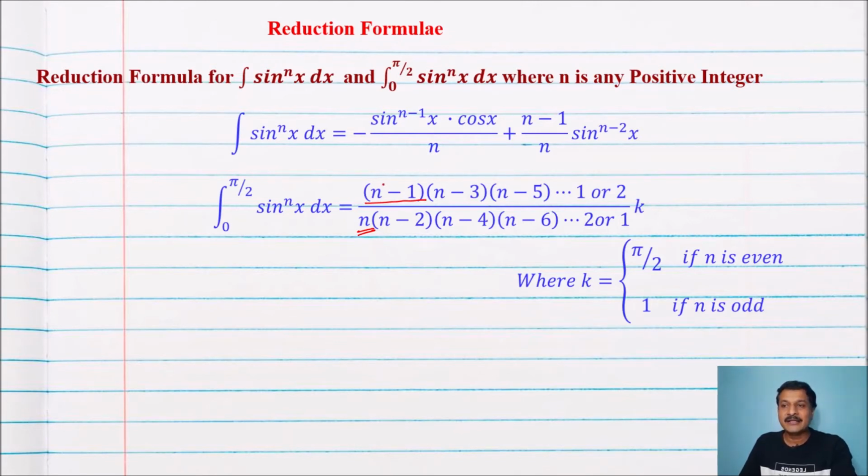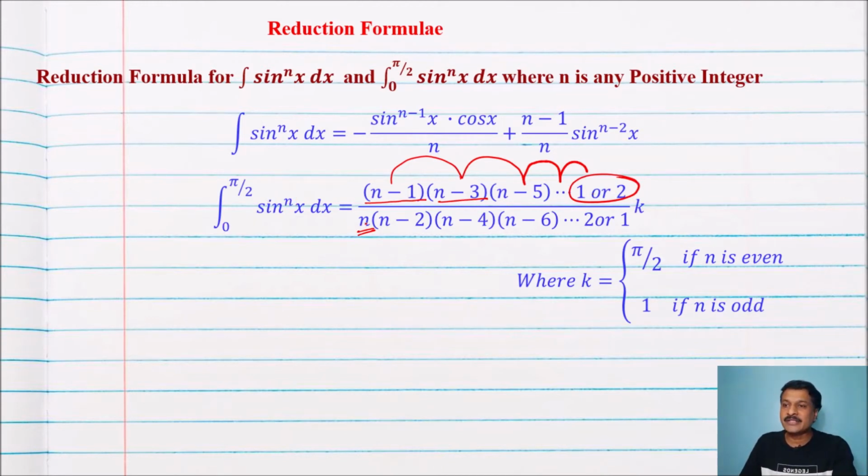After that, then you have to decide the next number as minus 2. So n minus 1 minus 2 I will get n minus 3. So n minus 3 here, then again minus 2 I will get n minus 5, again minus 2, again minus 2. Finally I will get here 1 or 2, depends on n is even or odd.